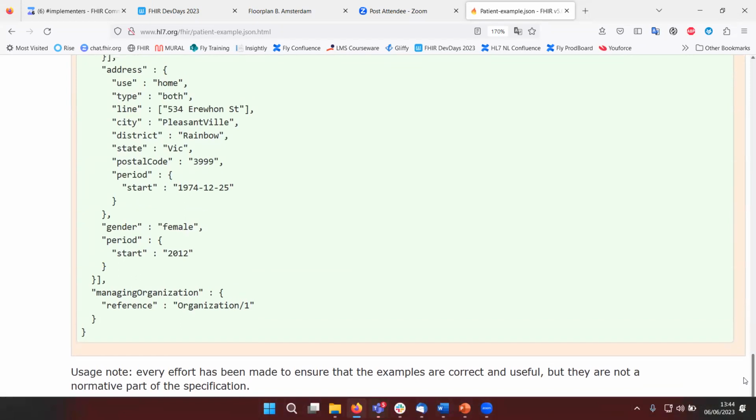In this case, the only reference that we have in here is from the patient to the managing organization, the organization that manages basically this particular patient record. And this is an expression of a logical identifier, so it's primary key number 1, if you want, in the organization table. That's the thing that we are referencing. So it's a very explicit way, very technical way, if you want, of explicitly having these references.